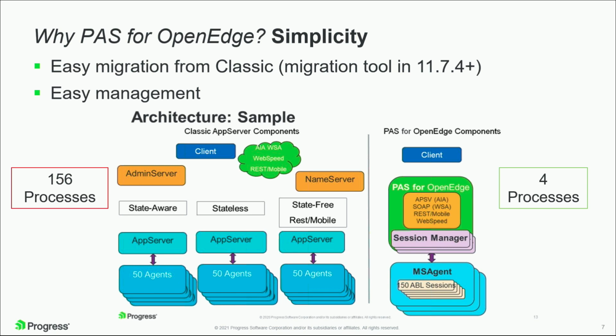And then if you had different state management, you had to start up an app server for state-aware, stateless, state-free, and not even in this picture is WebSpeed. So you may have needed another app server instance for doing WebSpeed.